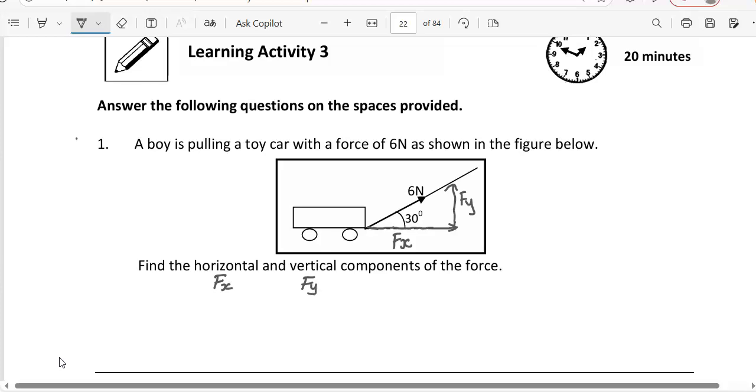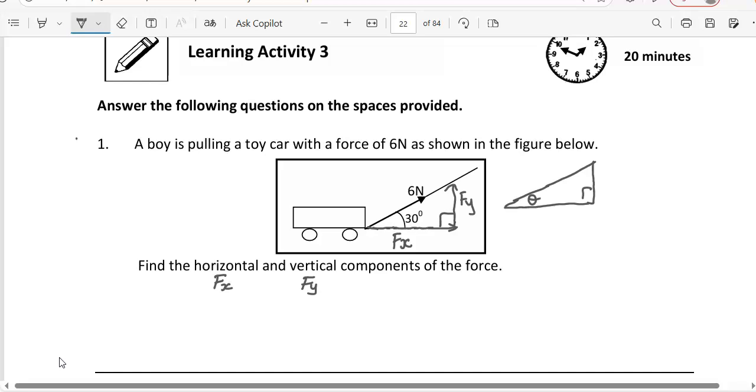So I'm going to take you back to trig ratios. How do we define the trig ratios? If I have a triangle like this, and this is a right angle triangle, because this vertical force will be perpendicular to the horizontal surface, with an angle theta here.